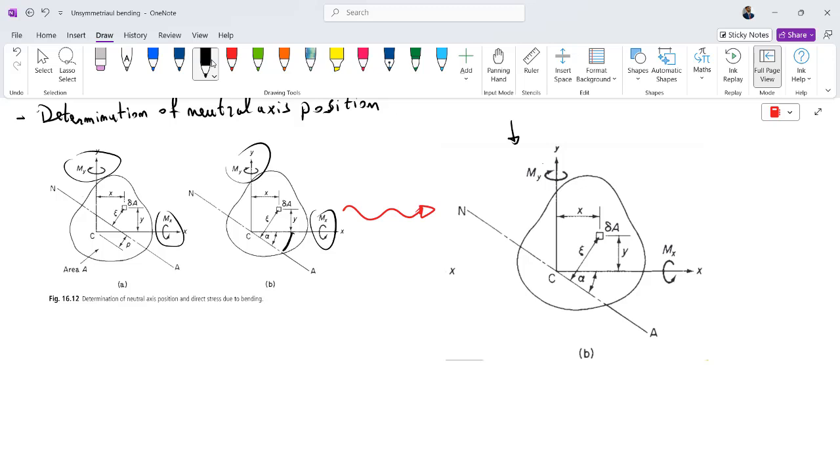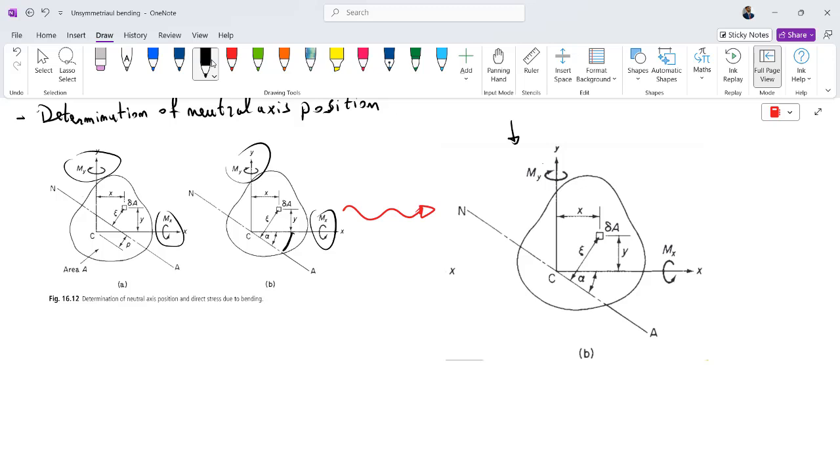Because the neutral axis in this case is not coincident with the x-axis, as said for the symmetrical bending and as seen from the exercise of symmetrical bending.